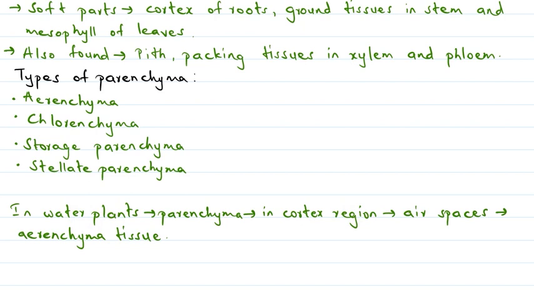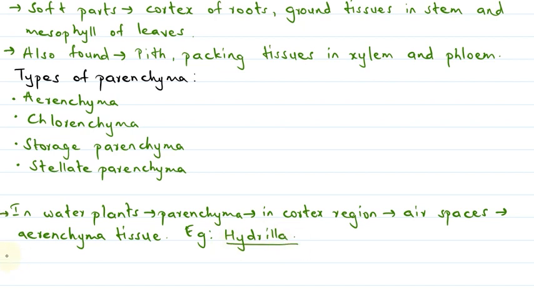It can be seen in aquatic plants like, for example, hydrilla. Hydrilla is an aquatic plant that has aerenchyma tissue.